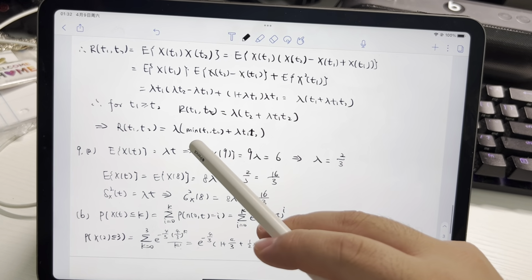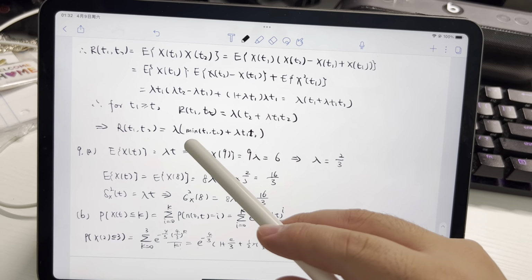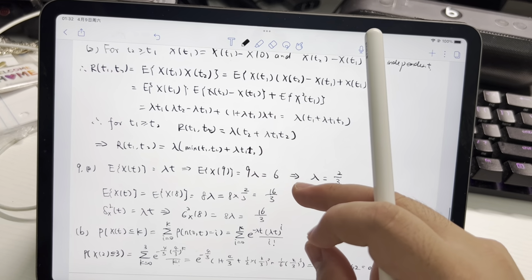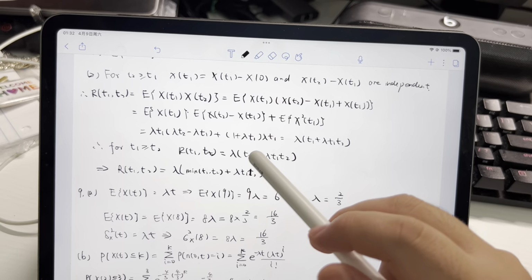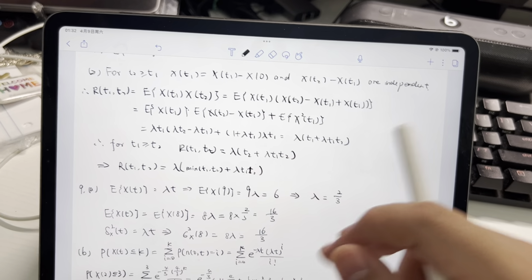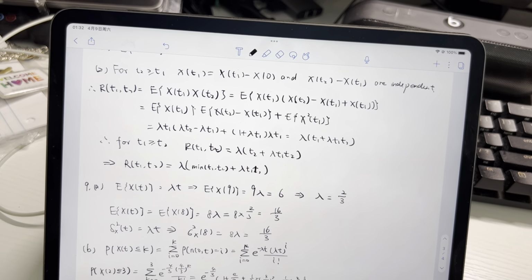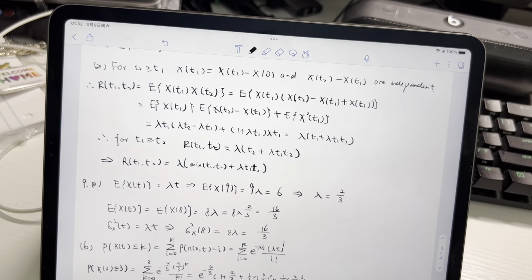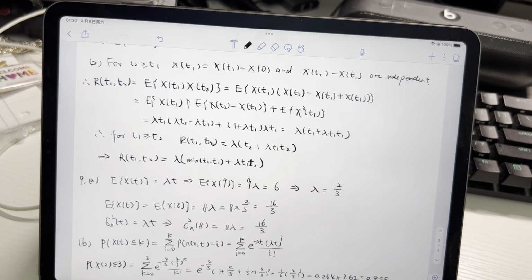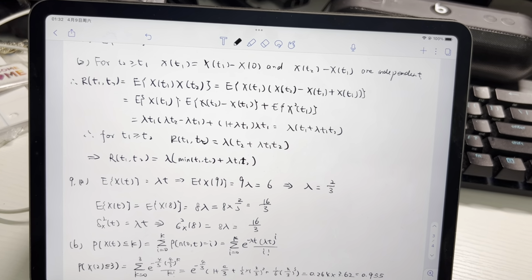So we can use the min function to combine the last two conditions into one. So we get that the result is equal to lambda times the min of t1 and t2, plus lambda t1 times t2.